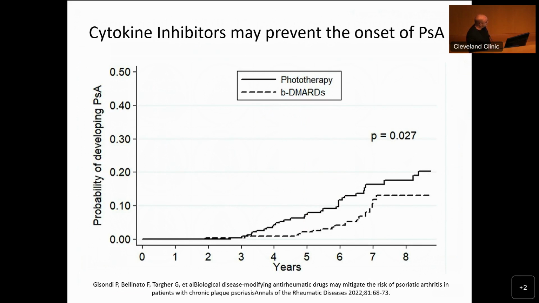But this is, for instance, an Italian study where they compared psoriasis patients receiving phototherapy and psoriasis patients receiving biological drugs, and there was a faster or a more frequent progression to psoriatic arthritis in patients receiving only the phototherapy, indicating that early intervention might actually be very feasible in joint clinics between dermatologists and rheumatologists.